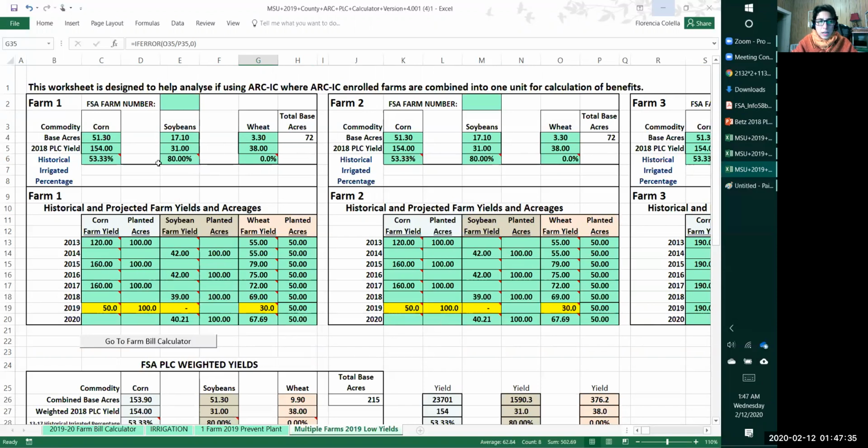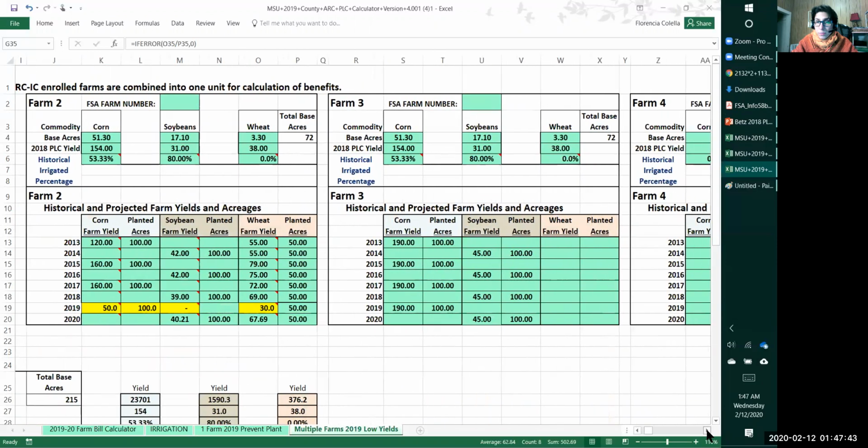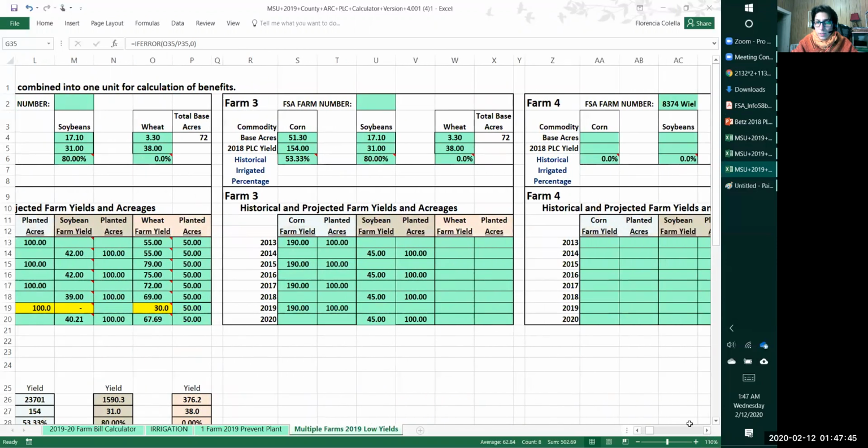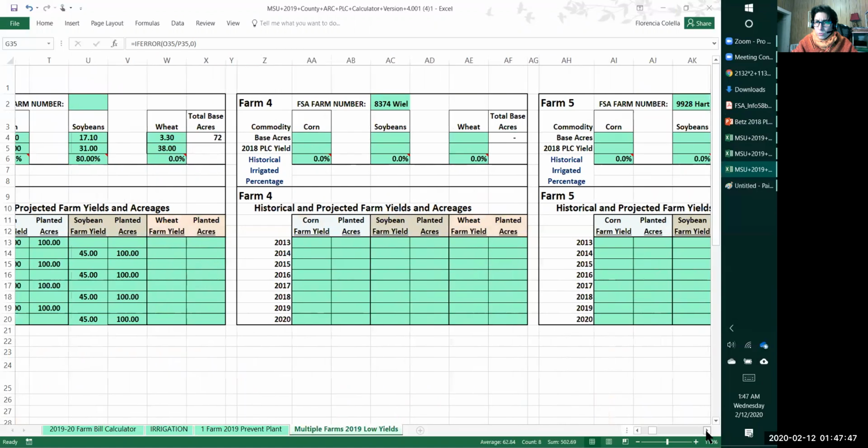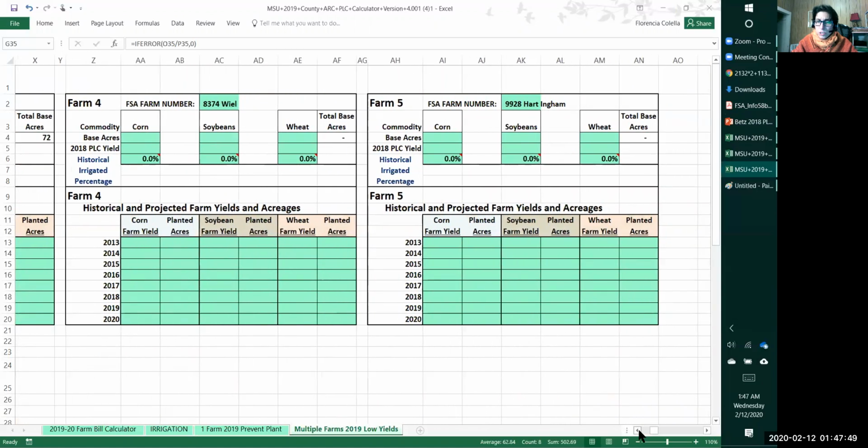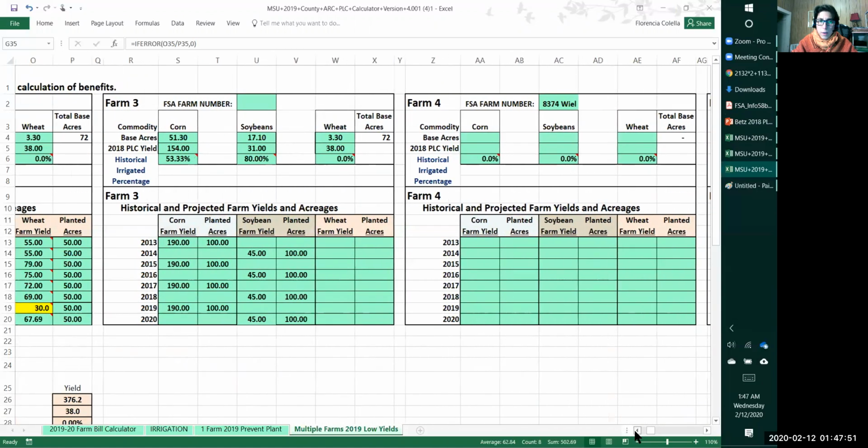And I am making up 2 farms that are exactly the same. They both had the prevented plant. And on the 3rd farm table, this has space for up to 5 farms, I believe, but we're just going to use 3 today.